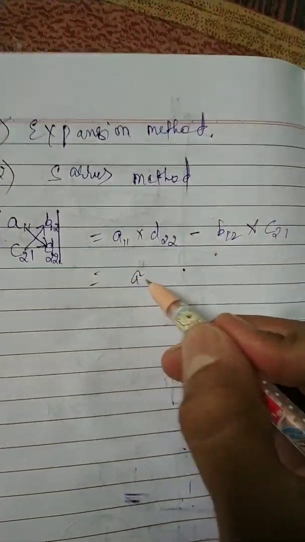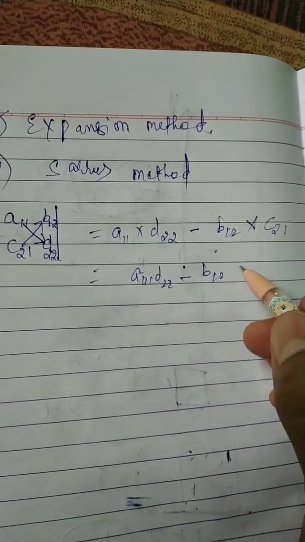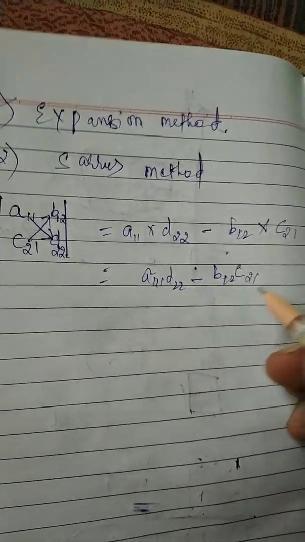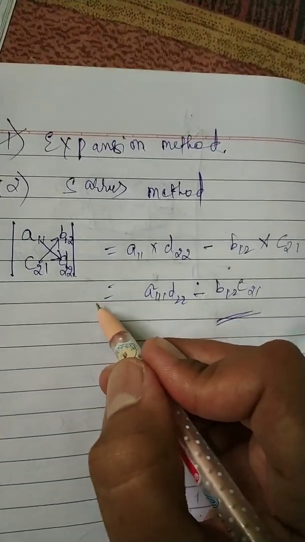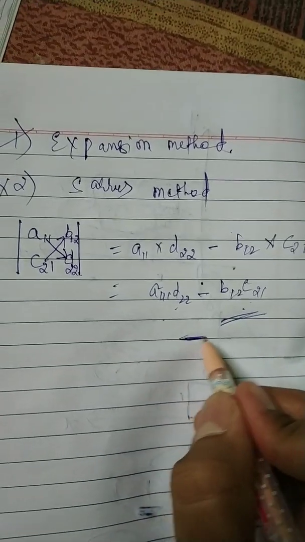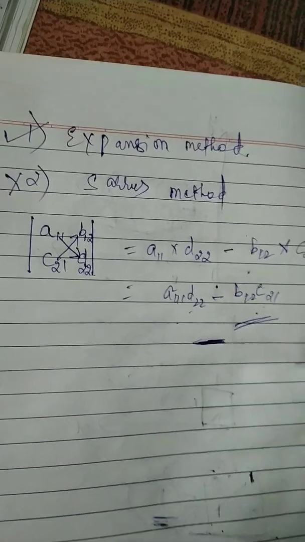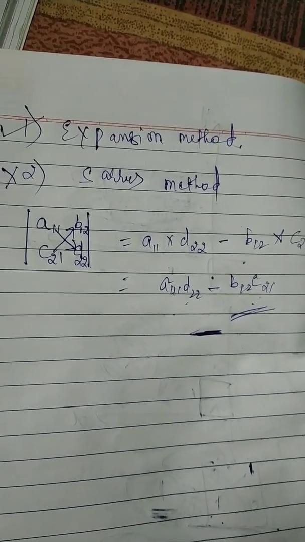So this is A11 D22 subtracted with B12 C21. This is the determinant value. You will get some value here, and that value is the determinant. So this is how you are supposed to find it. We will solve this with an example.